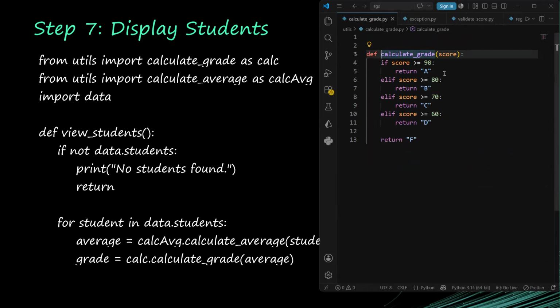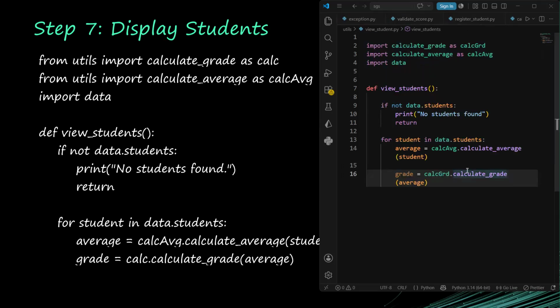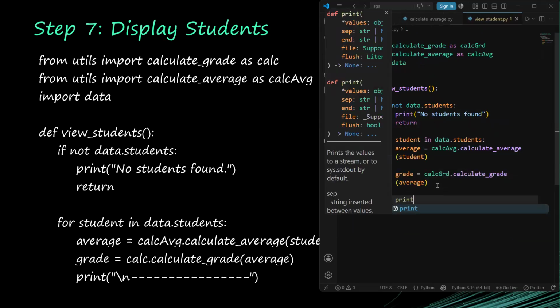Our calculate grade takes in score, and it will grade the students, whether the student is an A student or what. So I'll go back to close this. Now, for us to calculate the grade, if we have any error, we'll just come back and debug it, as simple as that.